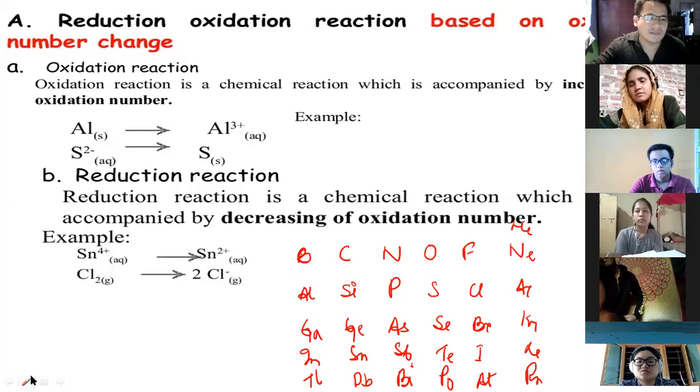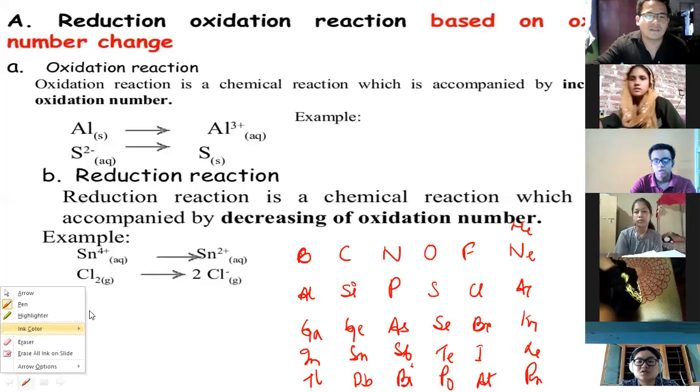Learn all this by heart. Then put the magic numbers: 2, 8, 8, 18, 18, 32.